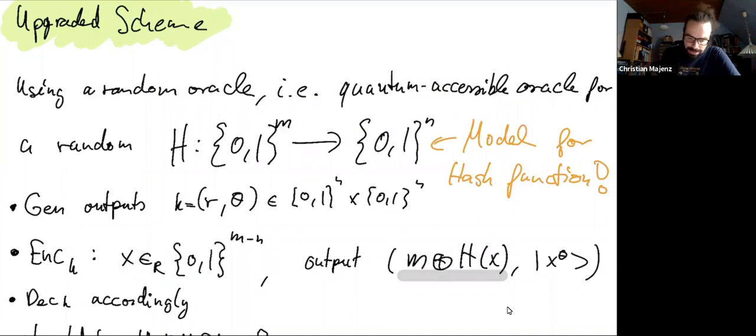So note that here we just have a classical one-time pad encryption of m with the hash of x. And to facilitate decryption, we provide x, but encoded in a random BB84 basis. So in some sense, x is also encrypted using the key theta.